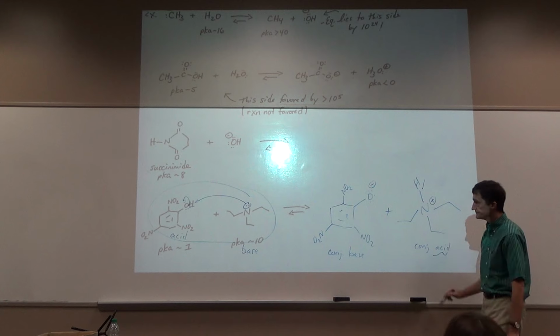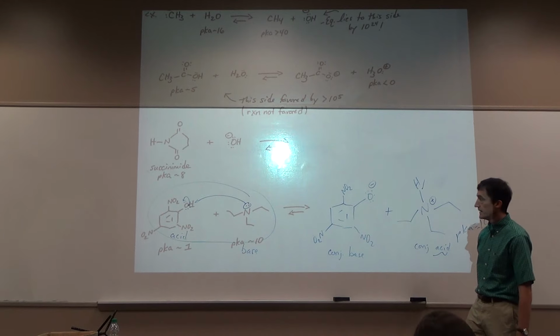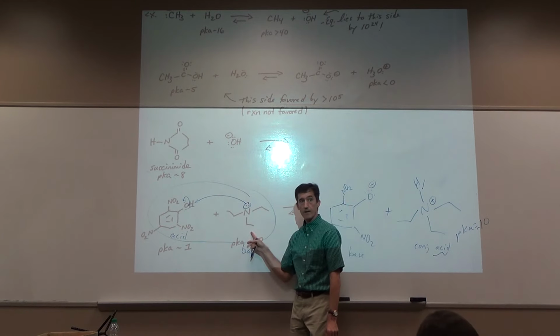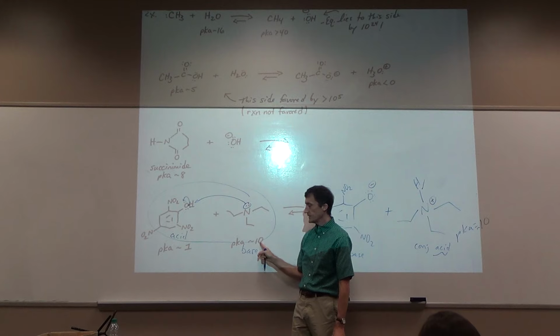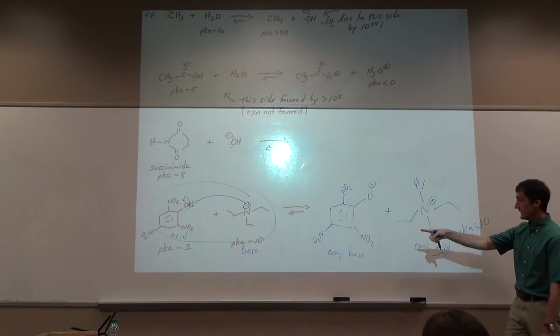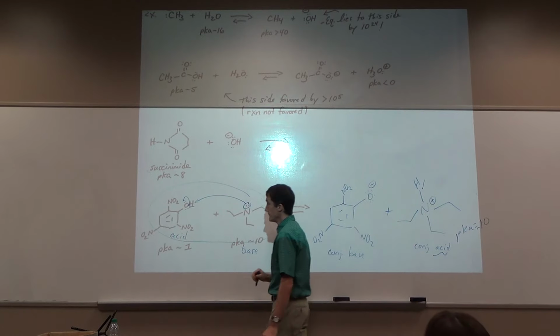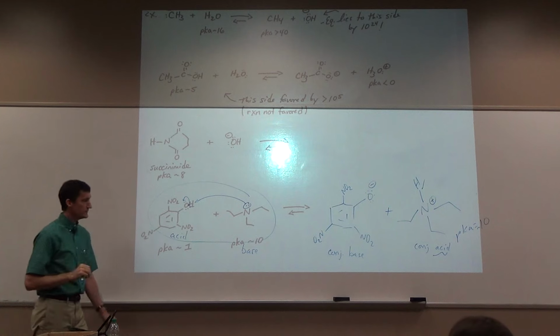What's its pKa? pKa of 10. How do we know that? Because that's given right here. And when you give a pKa of a base, what does it refer to? Conjugate acid. That pKa actually refers to this. Okay? We don't use pKb's. We use pKa's.